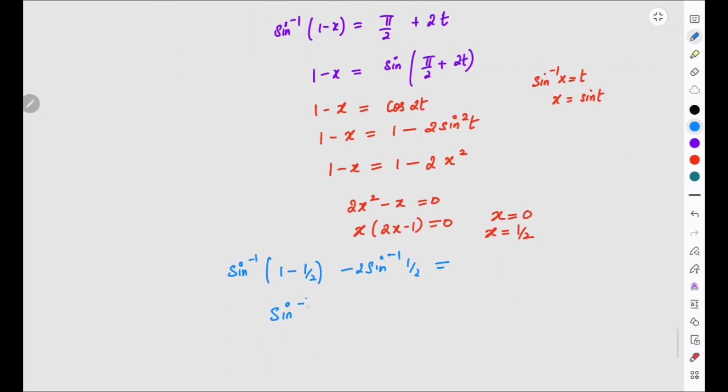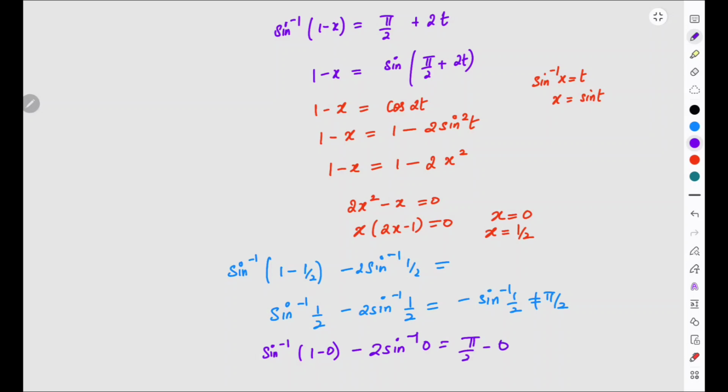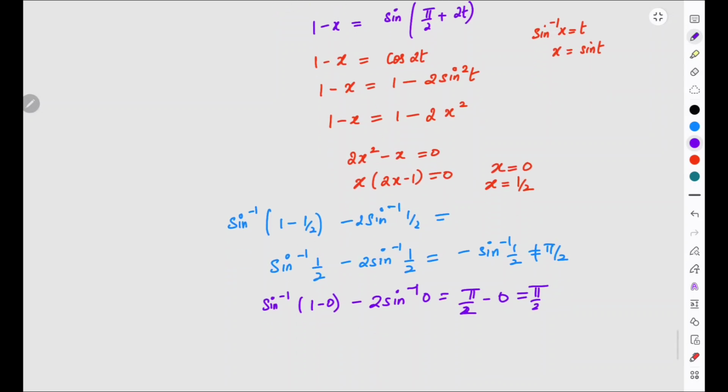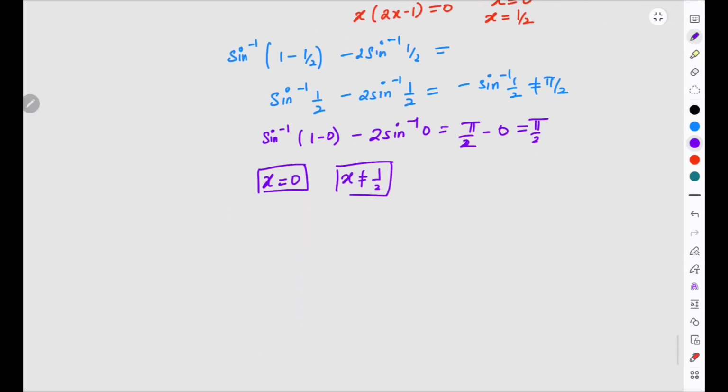So sine inverse half minus 2 times sine inverse half is nothing but minus sine inverse half, that is not equal to pi by 2. Now let us substitute 0 also. Sine inverse of (1 minus 0) minus 2 times sine inverse 0 is equal to pi by 2 minus 0, so pi by 2. So the value of x is only x is equal to 0 and not x is equal to 1 by 2. So we have to conclude like this.